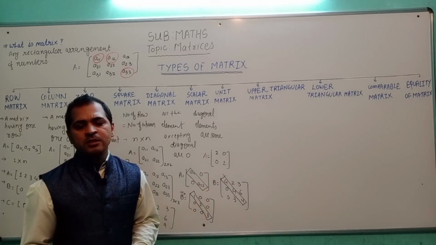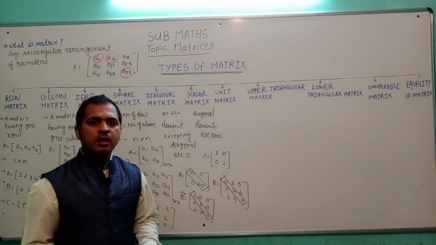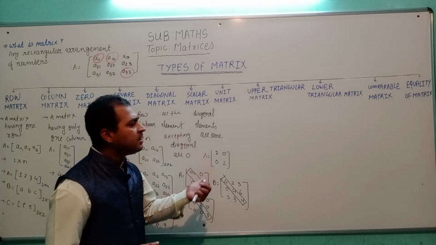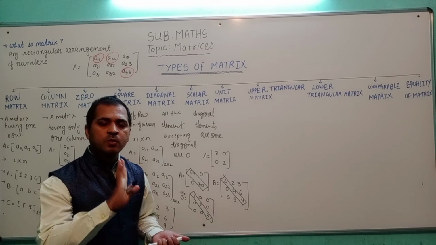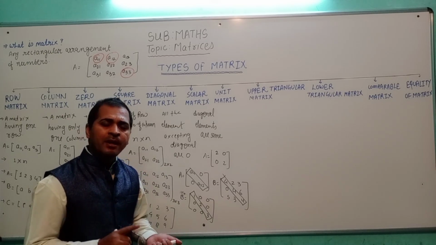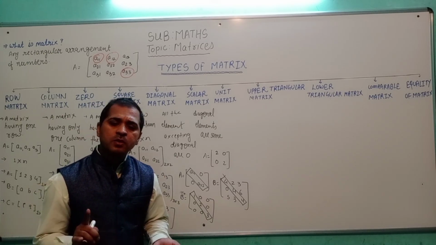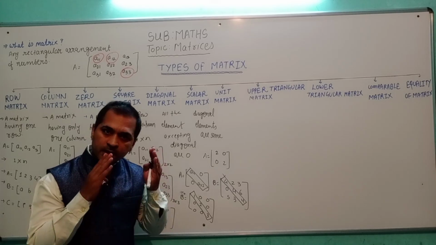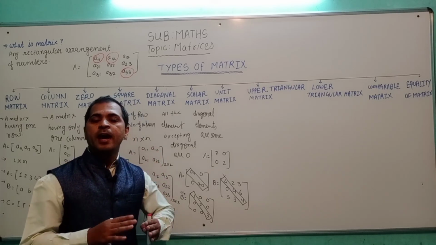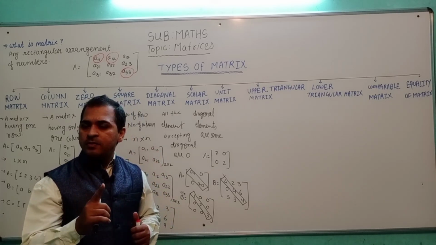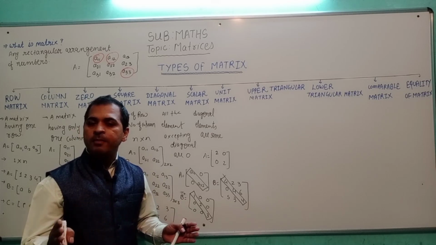Unit matrix means, students, all the elements in the diagonal are always 1, and all the other elements will be 0.